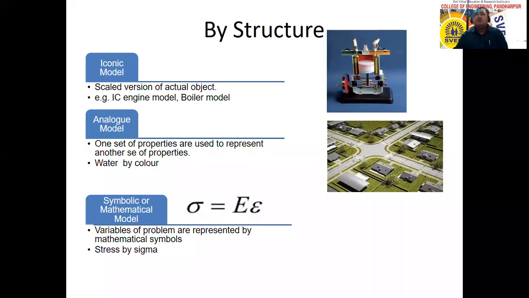And nowadays, with the help of CATIA, AutoCAD, and ANSYS, we prepare the model on the computer and give it some testing there. Is it right? So this is one kind of model, the iconic model. Why is it called an iconic model? Because whatever big object is there is converted into a small model.